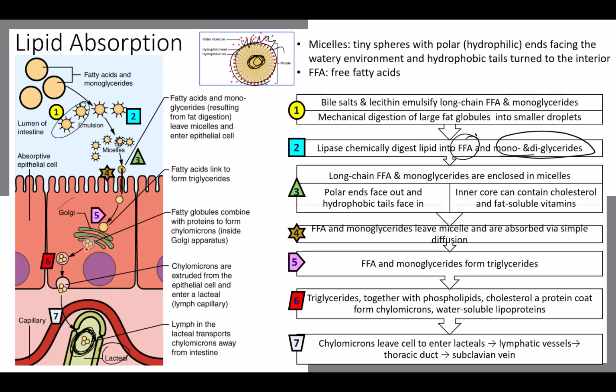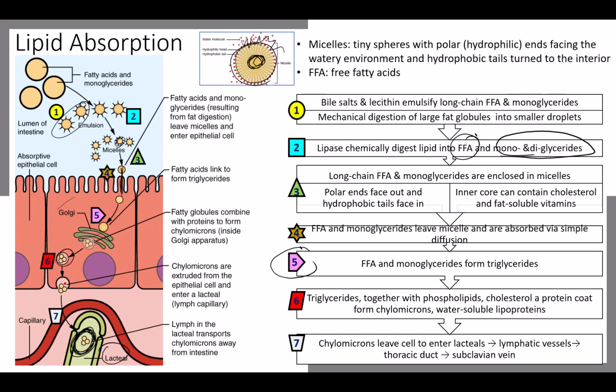Once they are in the epithelial cells of the small intestine, with the help of the Golgi apparatus, it forms triglycerides, right? And the triglycerides, together with phospholipids, form these lipoproteins.